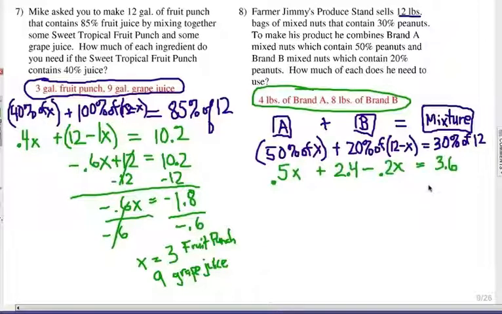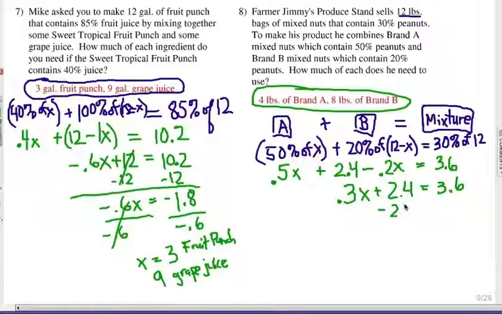Remember that the whole idea here is to have the amount of peanuts plus the amount of peanuts equals the total amount of peanuts. We're going to be focusing on peanuts in the mixture. So now we have 0.5X minus 0.2X, so that would be 0.3X plus 2.4 equals 3.6. Hopefully you're correct so far.